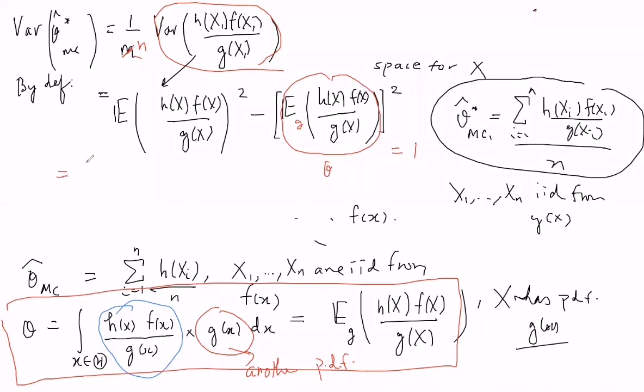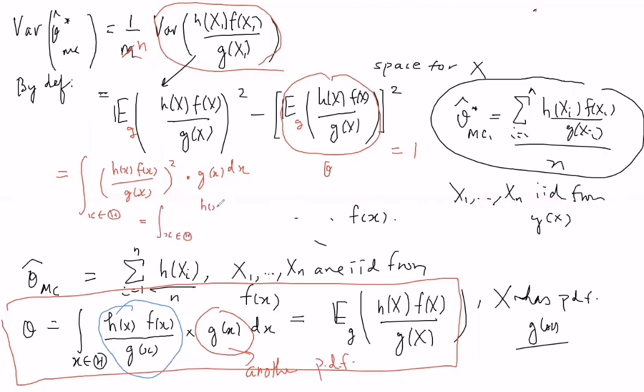Now this expectation is h(x) f(x) over g(x), squared, right? And remember it's over G, right? So it's multiplied by g(x) dx, okay? So if you simplify this, it becomes the following.